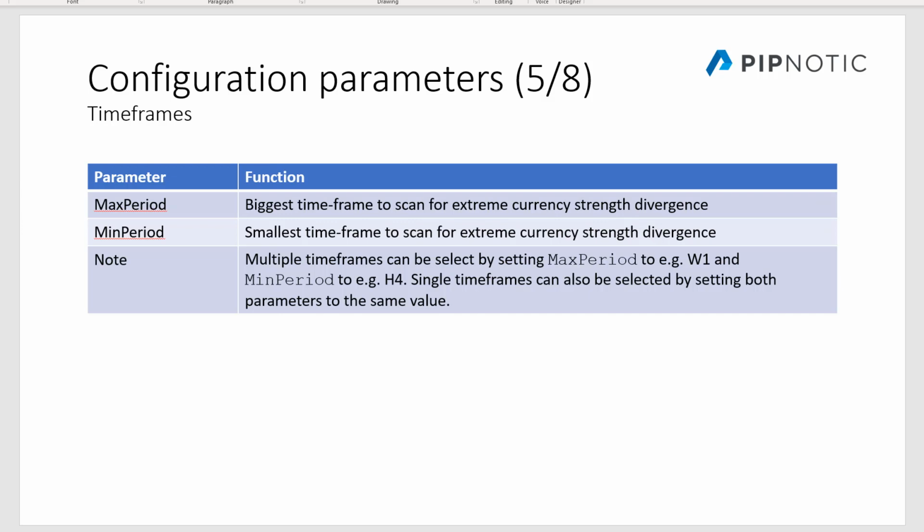We have the time frames, so we have the max period and we have the min period. And so what the software is doing is it's reading all of the symbols that you have in your market watch window. So if you enable everything, then the robot will scan everything that you have available there. It doesn't mean it's going to trade them all.